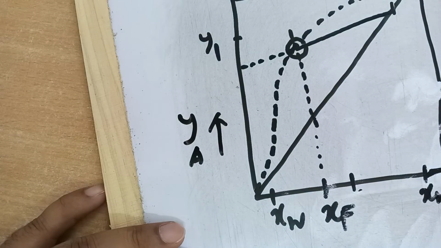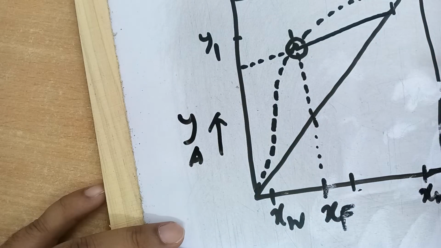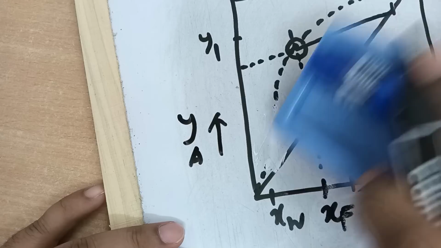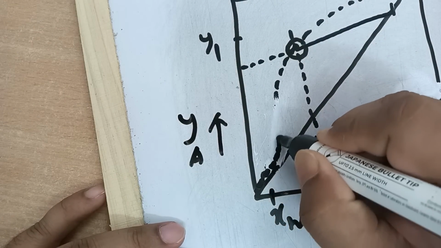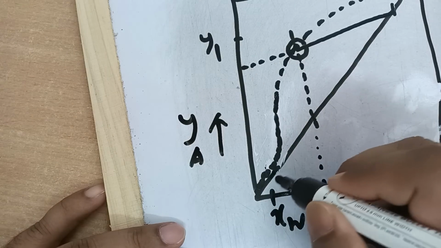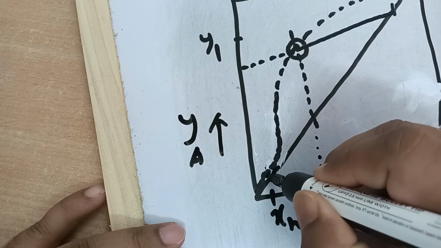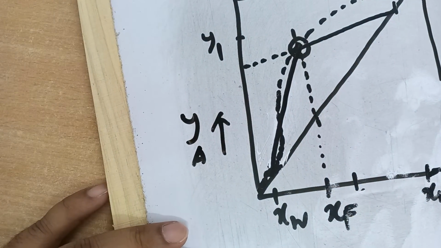This was the earlier standard practice, and then you join the stripping section operating line. But suppose the curvature is slightly different, something like this, and you extend the stripping section operating line in this way and then join.